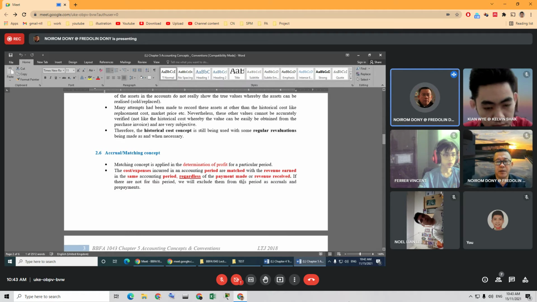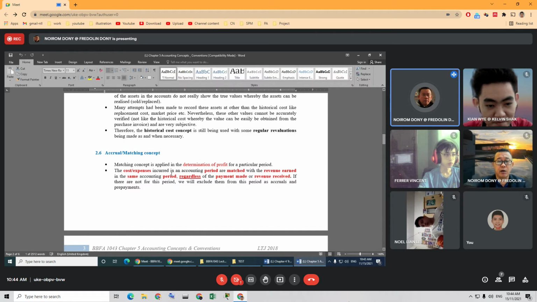It is regardless of the payment made or revenue received. So we don't look at the revenue money being received and then match it with the expenses that have been paid. Instead, whether it's the revenue earned, you less the expenses incurred.